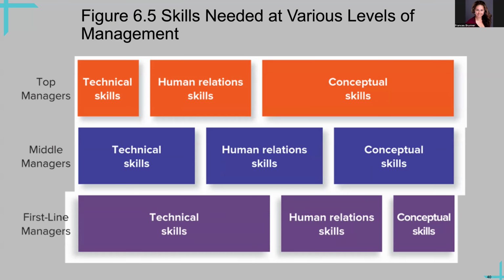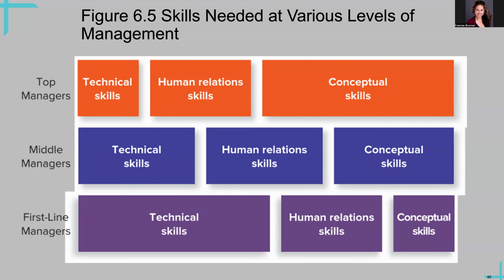So we talked about the three types of skills and that all three types of managers, top, middle, and first line managers, need to have. So this chart depicts the ratio of skills that are needed in each type of position. As I mentioned earlier, conceptual skills are the main focus of top managers, although they also need human relation skills and may need technical skills.